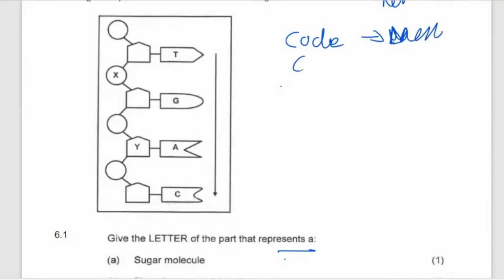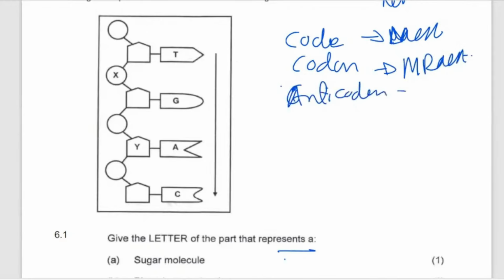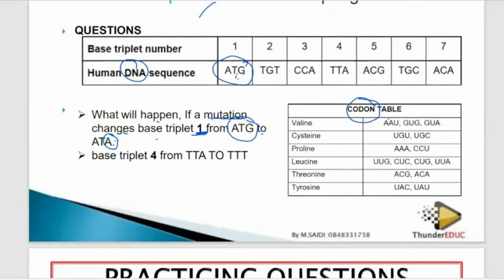When you talk about codon, it means 3 bases on messenger RNA. When we talk about anti-codon, we mean 3 bases on transfer RNA. So the question is changing from DNA to codon, which means it's talking about messenger RNA. Is it clear? So now you change this into messenger RNA.